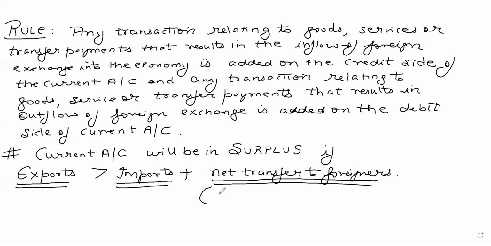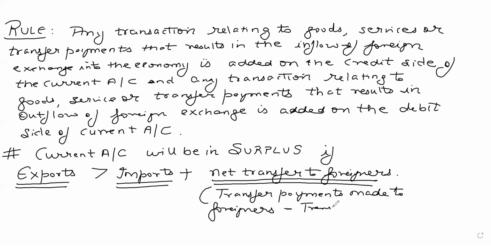Net transfer to foreigners means transfer payment made to the foreigners minus the transfer payment received from the foreigners. So when we talk about net transfer to foreigners, it's the transfer payments made to the foreigners minus the transfer payments received from the foreigners.